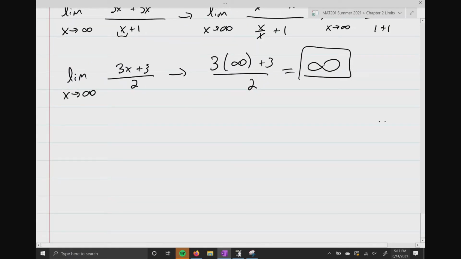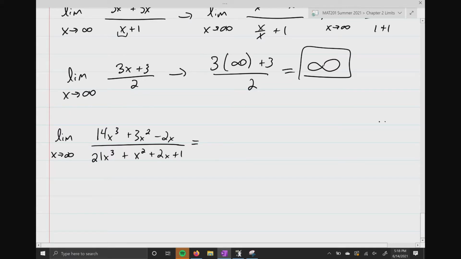So the first example was the limit as x approaches infinity of 14x to the third plus 3x squared minus 2x all over 21x to the third plus x squared plus 2x plus 1. There's the first example. That equaled 14 over 21, which turned out to be 2/3.